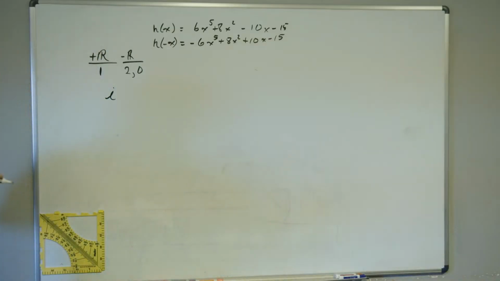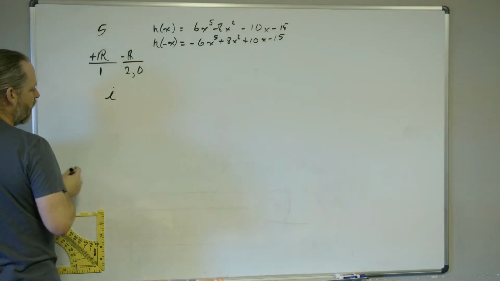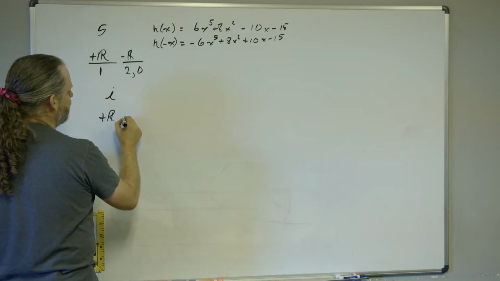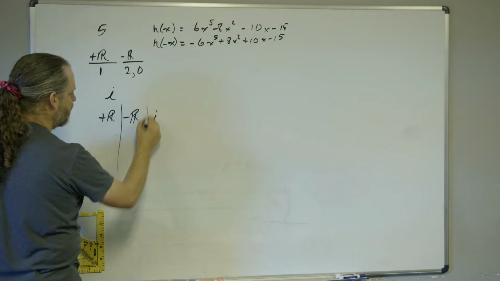Okay, so we need to figure out how many possibles for the imaginary ones. How many total are there? There are 5. So what we do is we just build a little chart. Positive real ones, negative real ones, imaginary ones. Count all the ones we have.